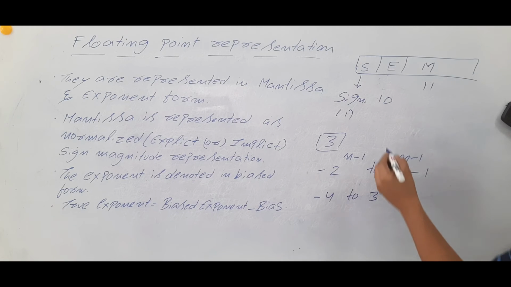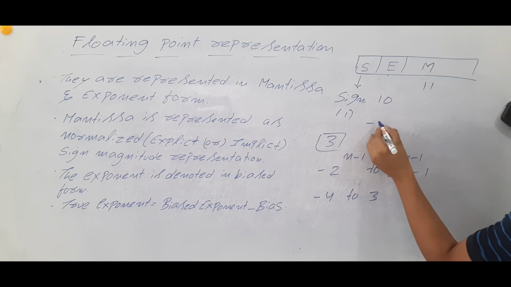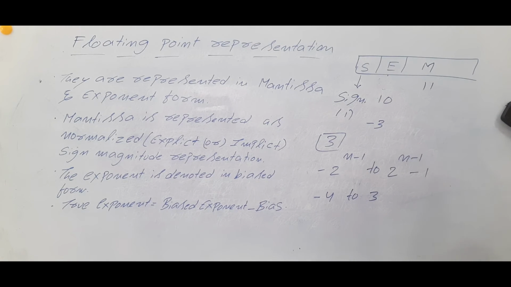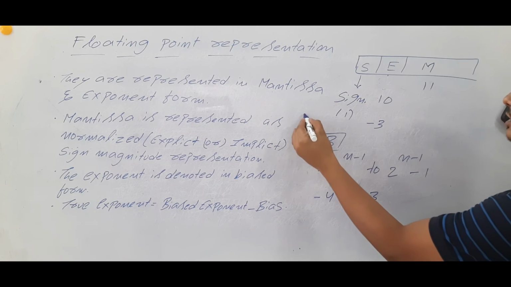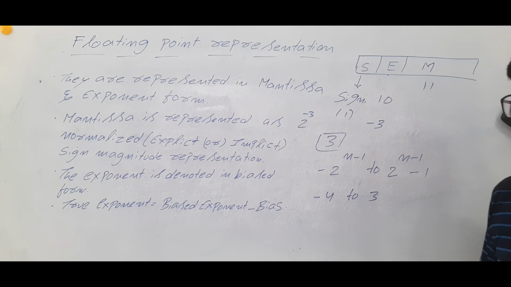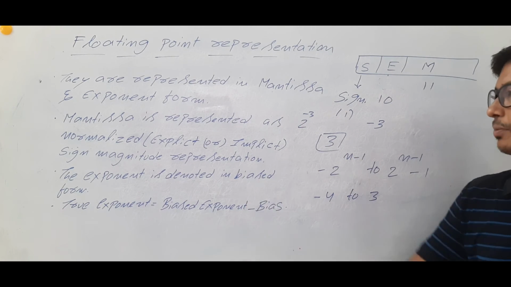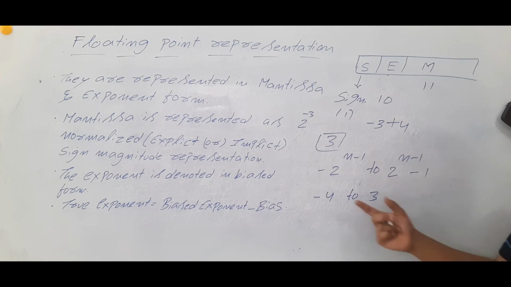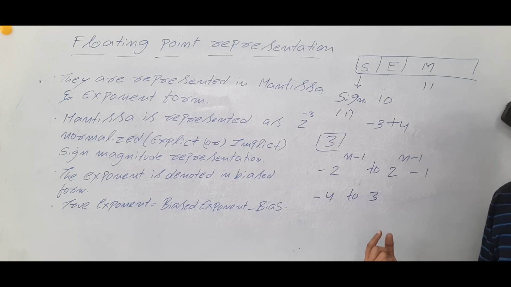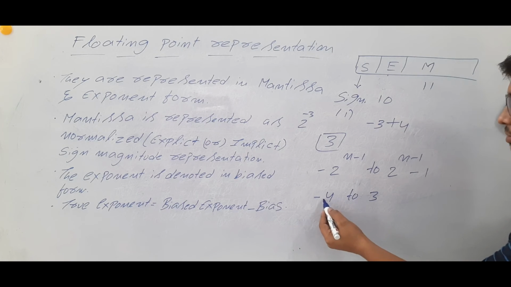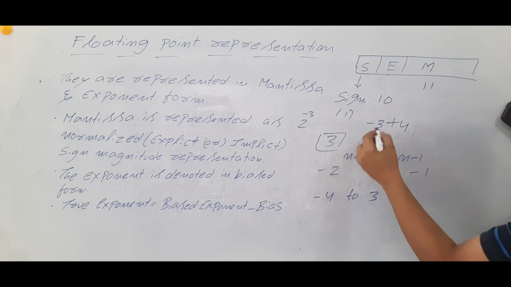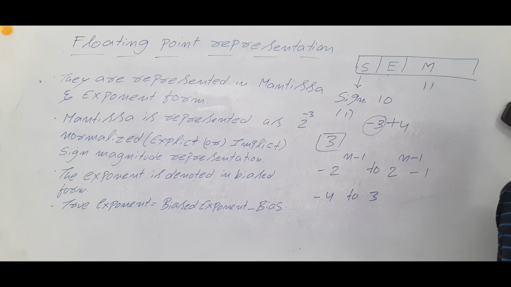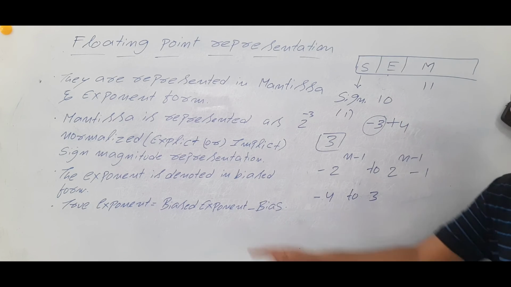So let's take that your exponent is minus 3. You want to represent 2 power minus 3 because your exponent is minus 3 here. So what is meant by biasing? You will add plus 4 to it, so that every number will become a positive number. Are you able to understand? Because the range starts at minus 4, if I represent minus 3 in the 2's complement form, we should not represent it that way. That is what they are saying.